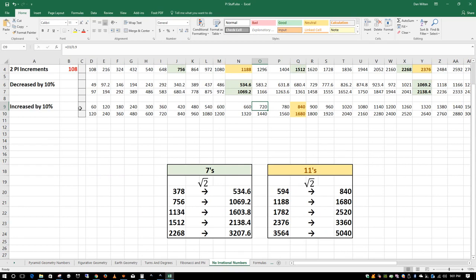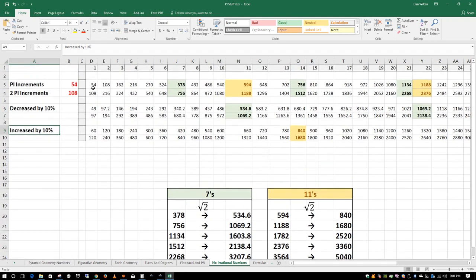Here I've decreased it all, down here I've increased them all. So I've taken the same set of numbers up here and increased them by 10%. And what this allowed me to do was find the square root of 2 for the 11s. So for example, 594, the square root of 2 of that is 840. And if you notice, it falls in the 14 range.